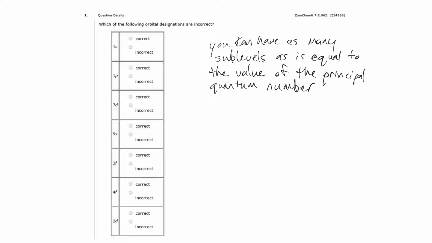So the first principal energy level can only have one sublevel. The second principal energy level can have two, the third can have three, the fourth can have four, and so on.